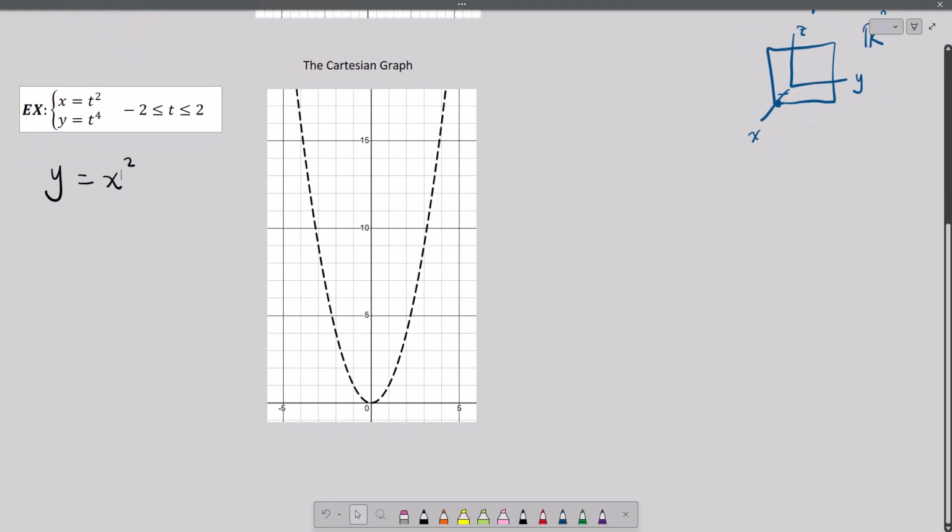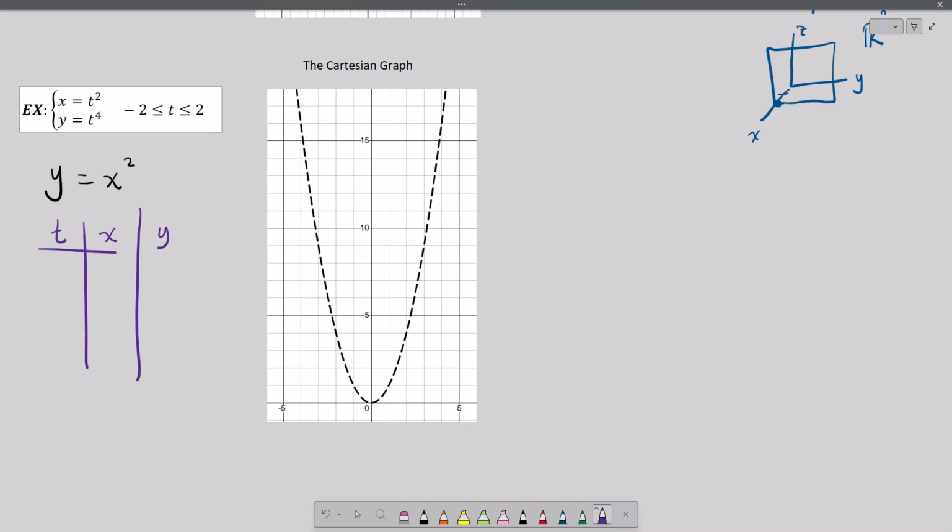Now we want to set up our table, so we'll go t, x, and y. And when t is -2, we plug it in up here, we're going to get 4, 16, 0, 0. And then when we plug in this 2, don't we get the same point, 4, 16?